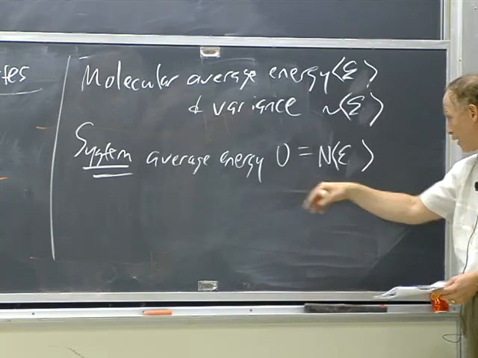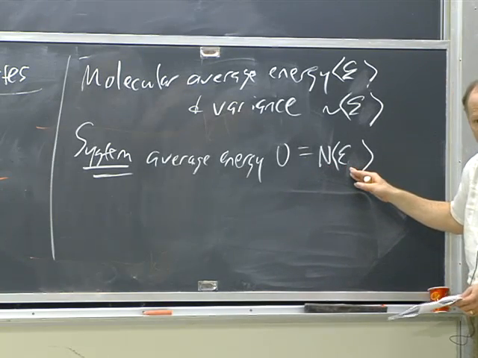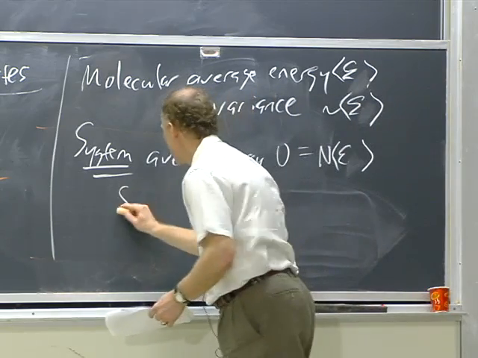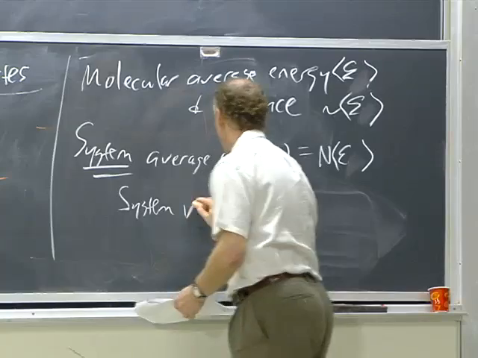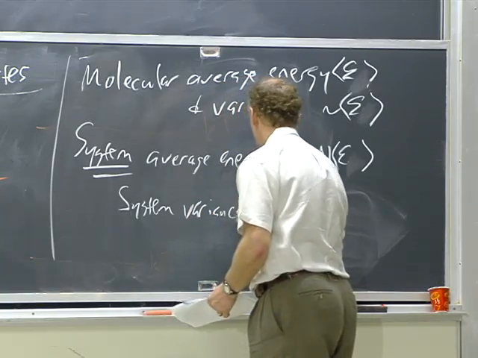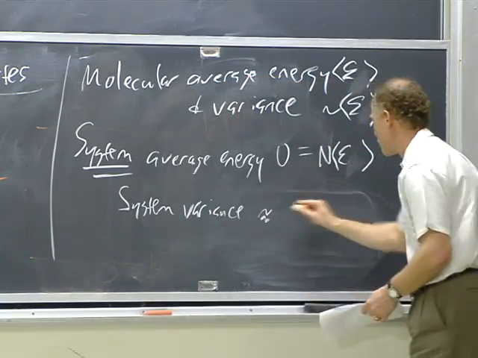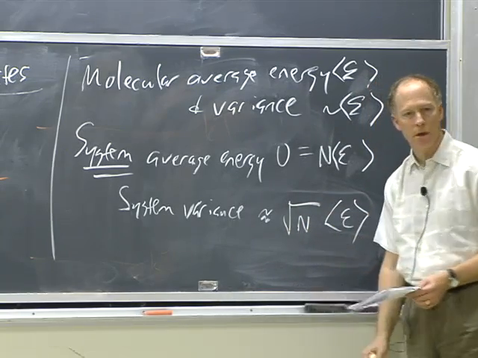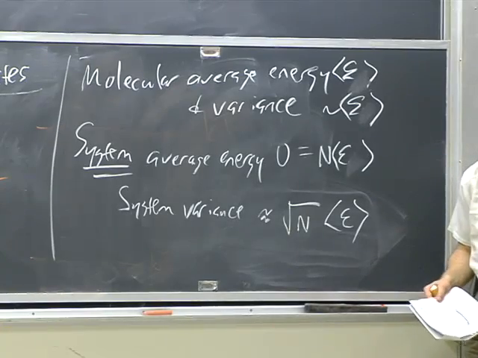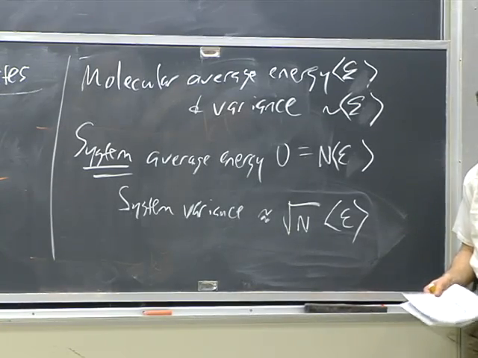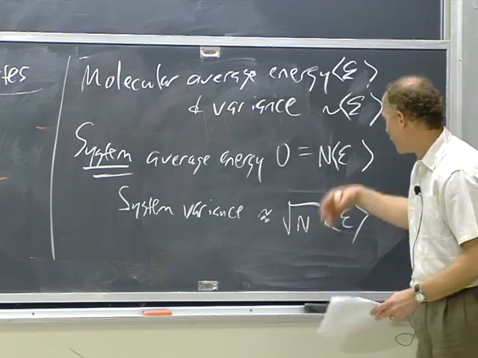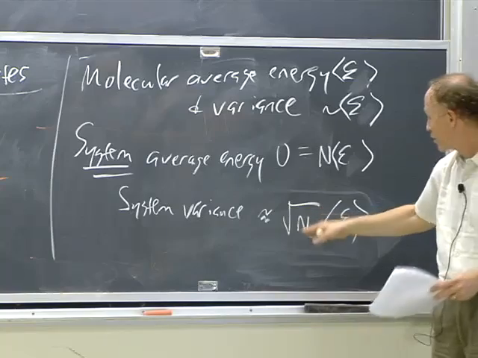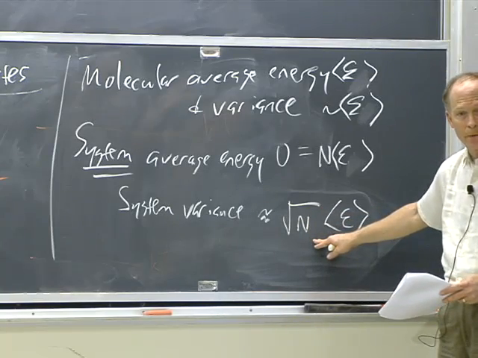The system average energy is just N times the molecular energy. But the system variance is going to be on the order of the square root of N times epsilon. If you've done statistics, then you've seen that sort of result. You do a bunch of samplings, a capital N number of samplings, and the variation looks like the square root of that number.